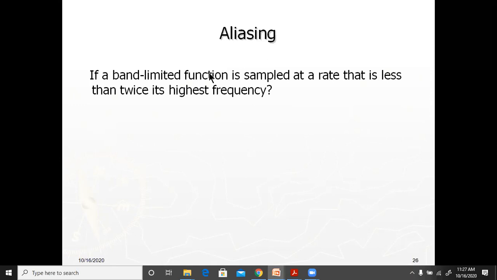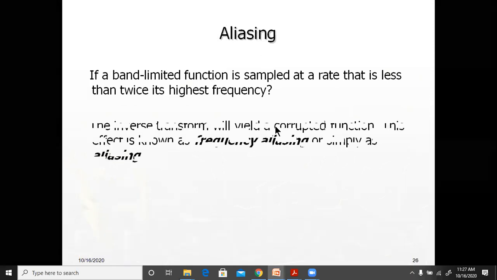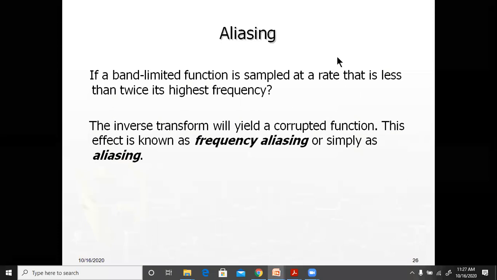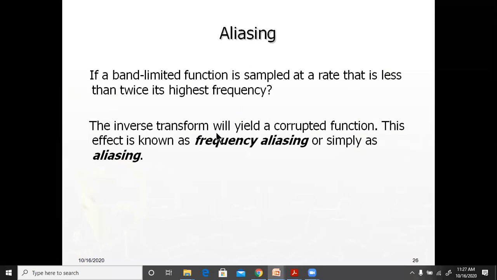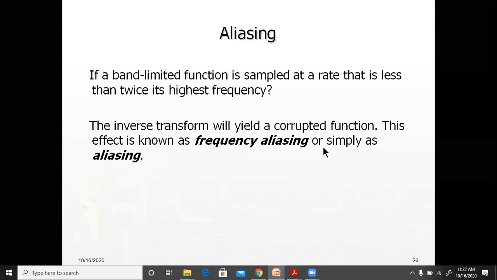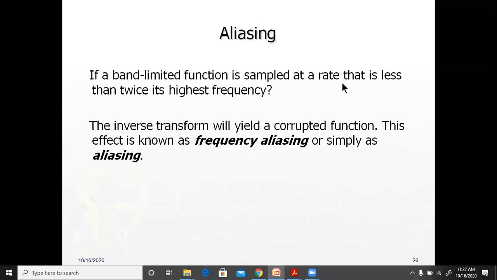If the band limited function is sampled at a rate that is less than twice its highest frequency, we say that aliasing occurs. Whenever aliasing is there, the inverse transform will yield a corrupted function. Whenever the sampling rate is less than twice the highest frequency, we cannot recover the original image.